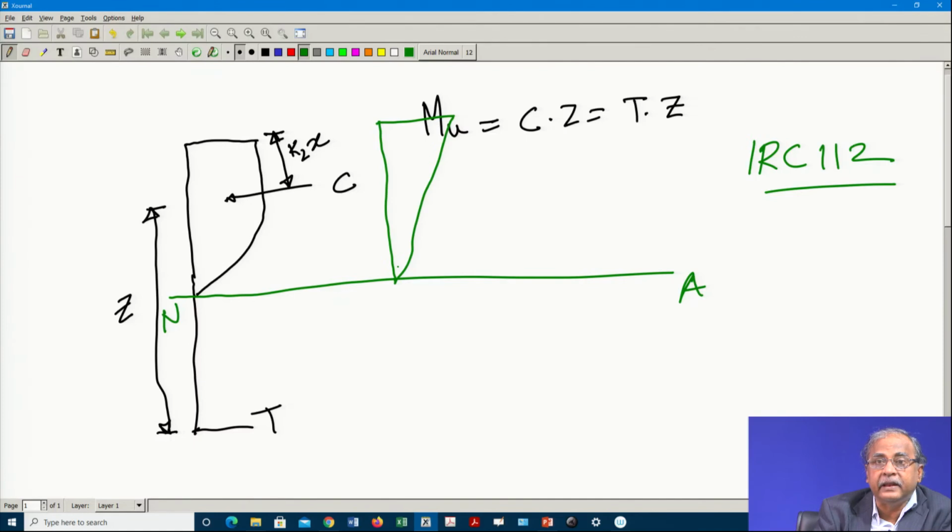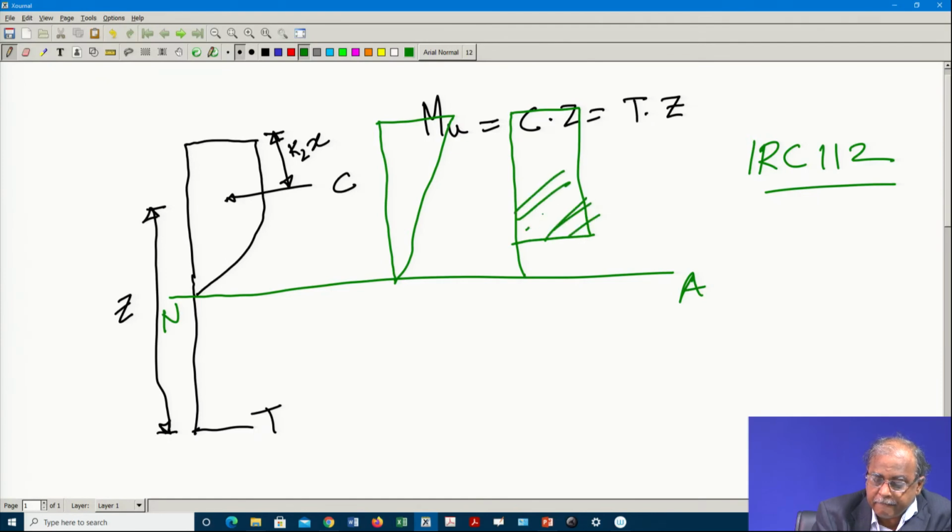For that case, this is the strain that we know, and the corresponding stress we consider something like this. So, this one is x.